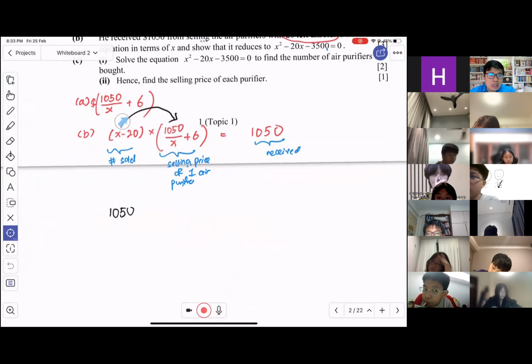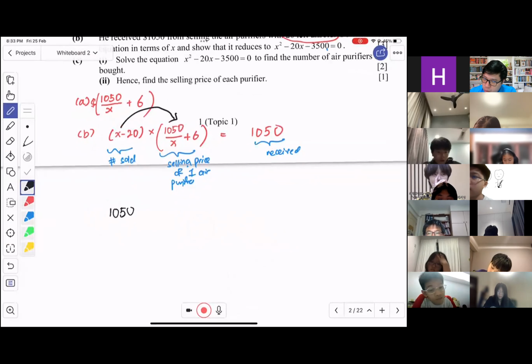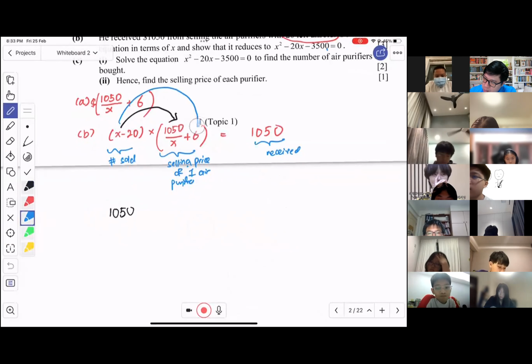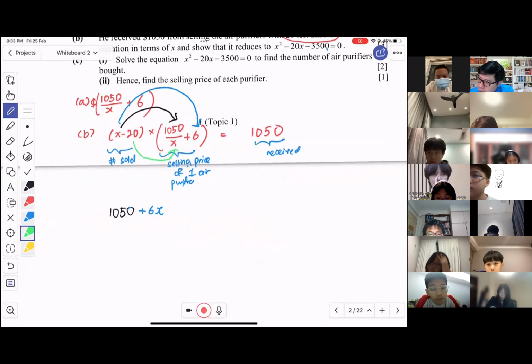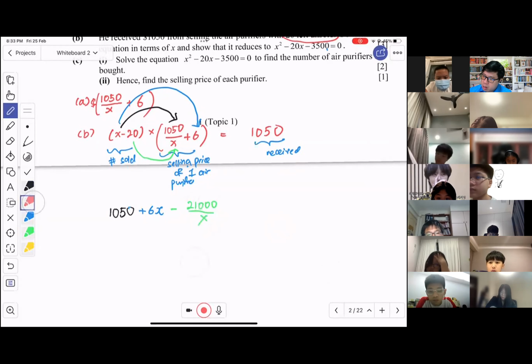Now the blue arrow is 6X. Green arrow is minus 20 times 1050, that is minus 21000 over x. Red arrow, minus 20 times 6, that is minus 120, equals 1050.